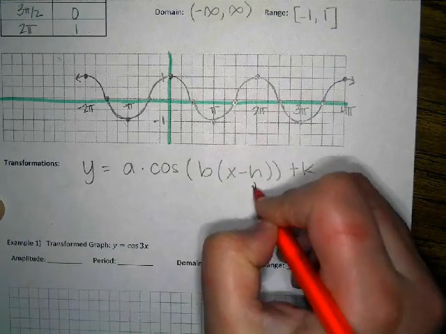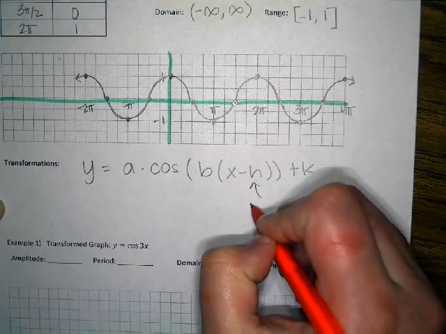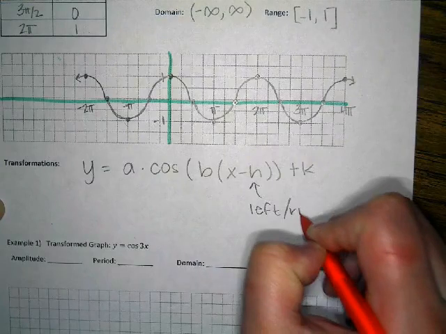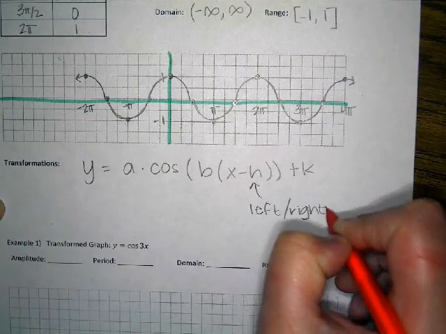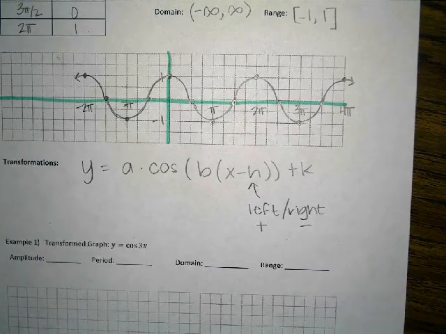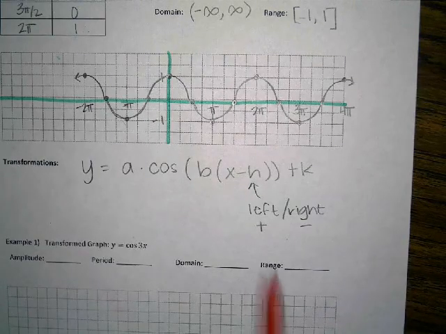The h tells you how far the graph goes to the left or to the right. Positive moves you to the left, negative moves you to the right. Just like yesterday with the sine curves, we are not going to deal with left and right shifts. In Math 3, that's a Math 4 or pre-calc concept.